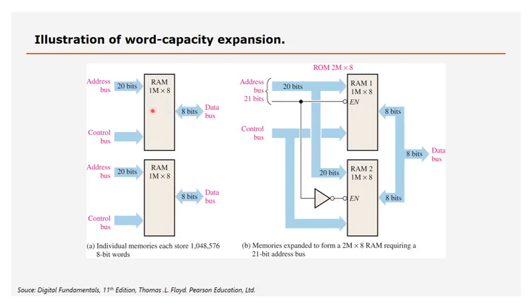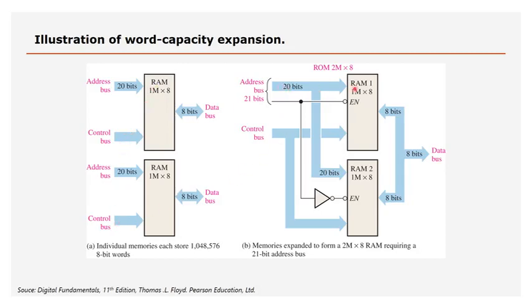This specific RAM here has only got 20 bits on the address bus. So basically what it boils down to is that 2 to the power 20 is equal to 1 meg. And the same applies here. 2 to the power 20 is 1 meg, 20 bits here. On the control bus, because it's a RAM, there's a chip select line, a read line, and a write line, and the same applies here.